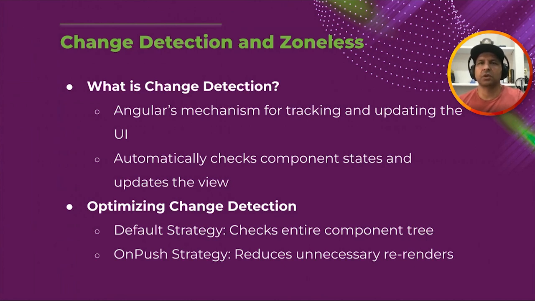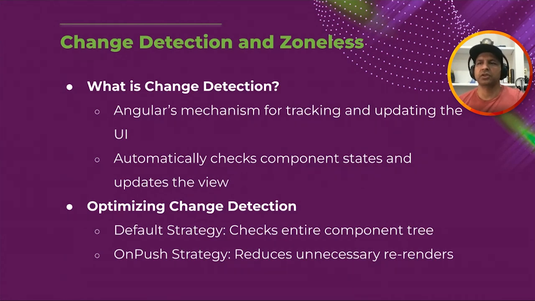And to optimize this process, Angular offered the OnPush change detection strategy. That strategy only checks a component and its children when one of its input properties changes, right? So that means that instead of refreshing the entire component tree, we'll just re-render the components directly affected by the change, with all of its ancestors up to the root.